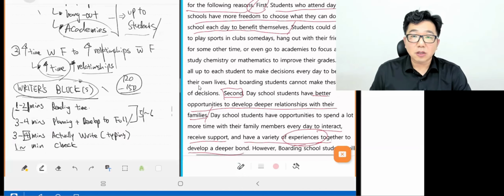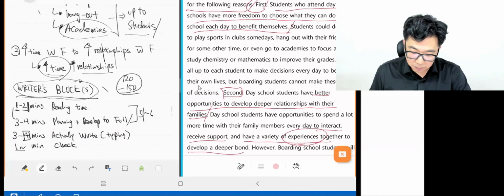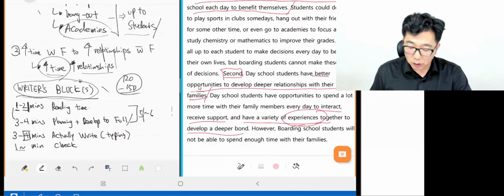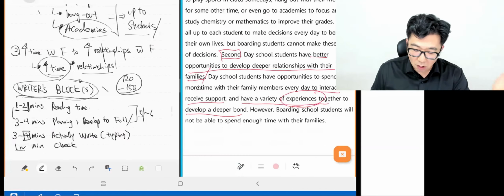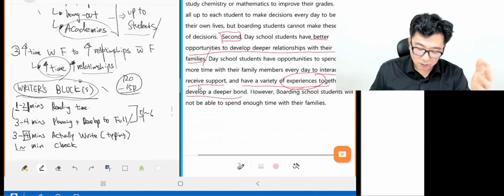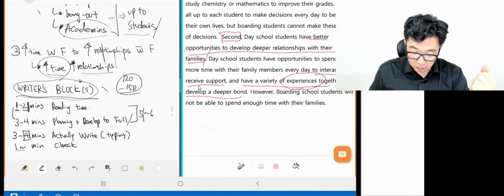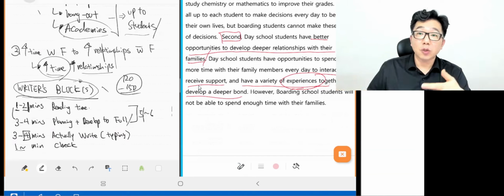Students could decide to play sports in club some days, hang out with their friends for some other time, or even go to academies to focus and study chemistry or mathematics to improve their grades. It is all up to each student to make decisions every day to benefit their own lives. But boarding school students cannot make these type of decisions. They have to stay at school.